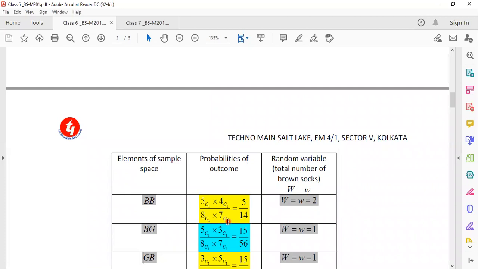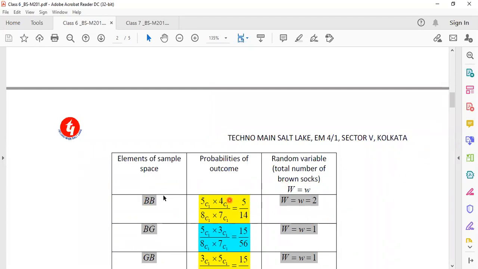Now, for independent events A and B, the probability of A intersection B, meaning the two events happening together, is the probability of A times the probability of B. Therefore the probability 5/8 and the probability 4/7 are multiplied, and we get 20/56.